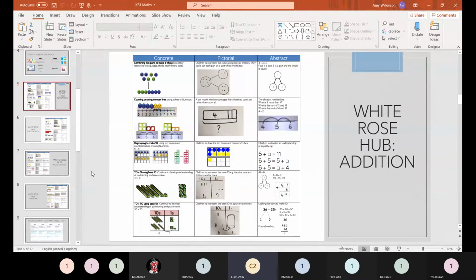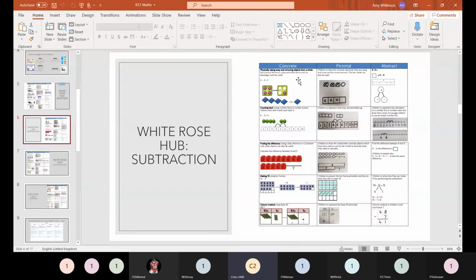And it's the same for subtraction. It's broken down into concrete, pictorial, and abstract. And again, you can see the different methods there. I won't go into too much detail about these specifically, but I just wanted to emphasize the fact that there are those 3 areas within each operation. It's the same for multiplication.